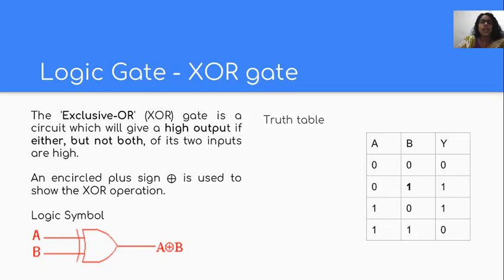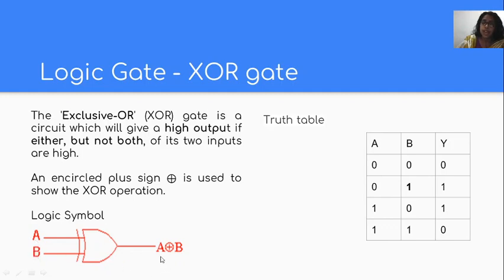And coming to the other gates, next is exclusive OR gate. Exclusive OR gate is termed as XOR gate, and the symbol is an encircled plus. Just see the logic symbol. Okay, A, B are the inputs.